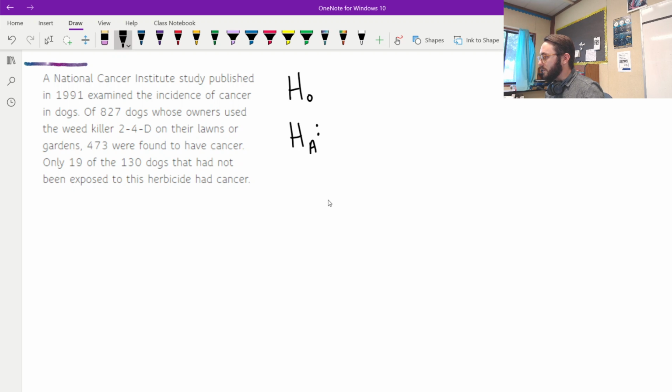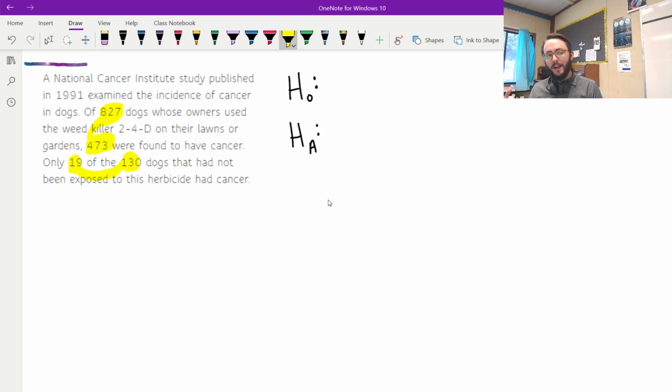So one thing we need to look at then is we have success, failure in this case. Cancer, no cancer. And so each of these two things here, 827, and 473 of those had cancer, versus 19 out of 130.